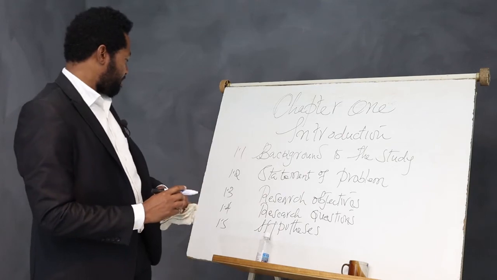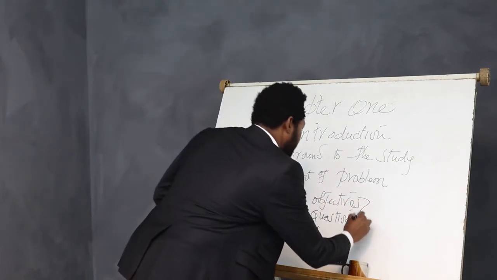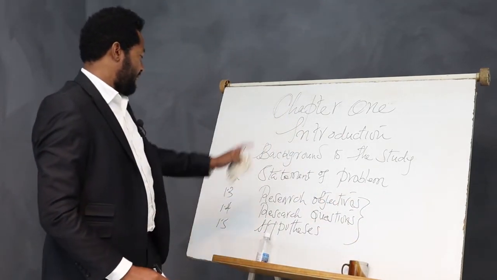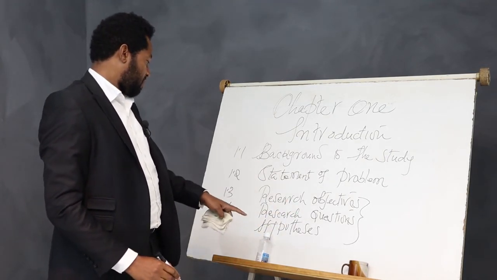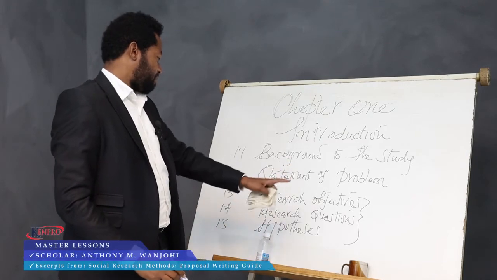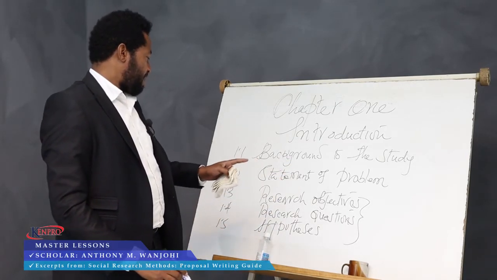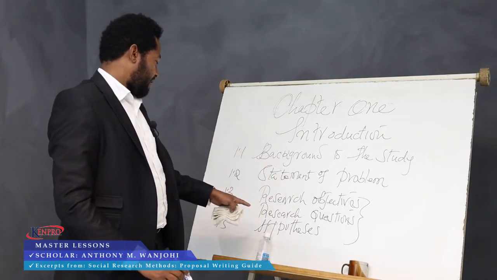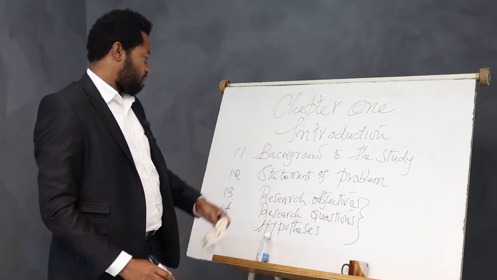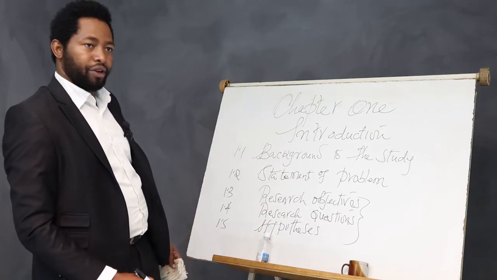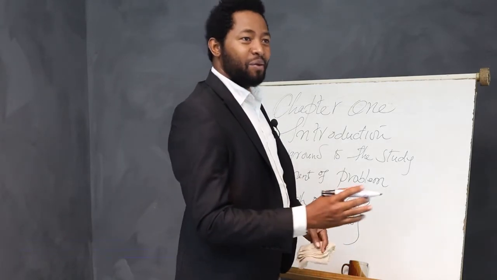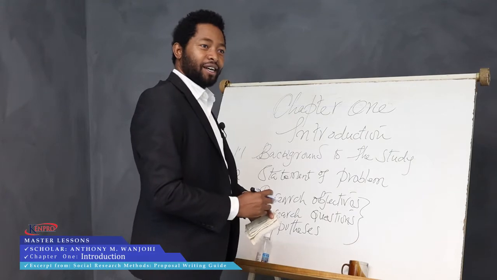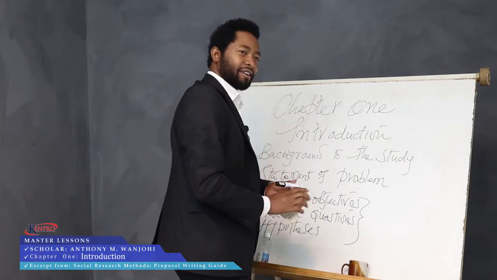You may use in your work research objectives or research questions, or you may have research objectives and research questions, or you may have research objectives and hypothesis. So it depends from one institution to another. But for the purpose of this exposure, we are going to consider all the 3 so that you get enlightened.